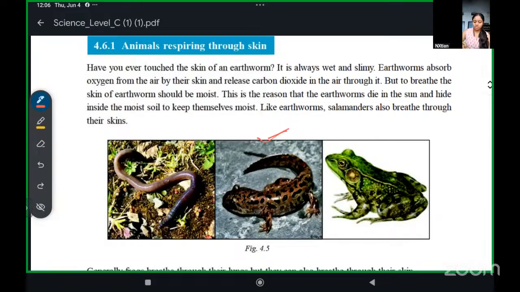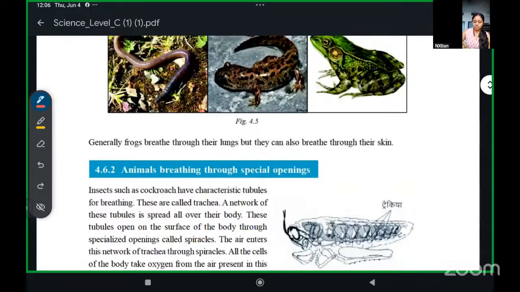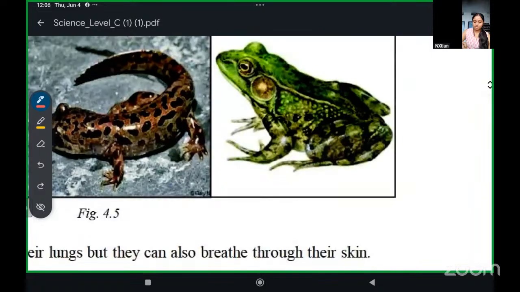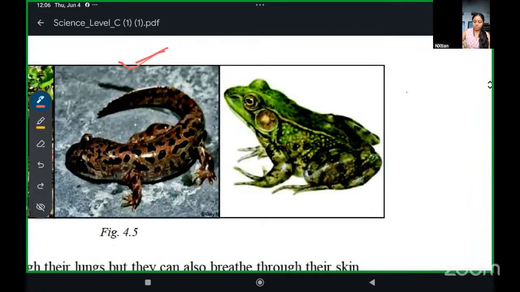Generally, frogs breathe through their lungs, but they can also breathe through their skin. Frogs are quite special because they can breathe through the lungs and also their skin.